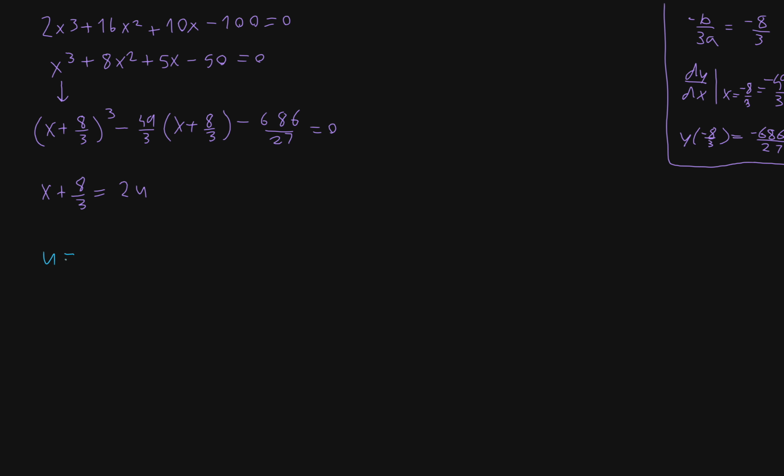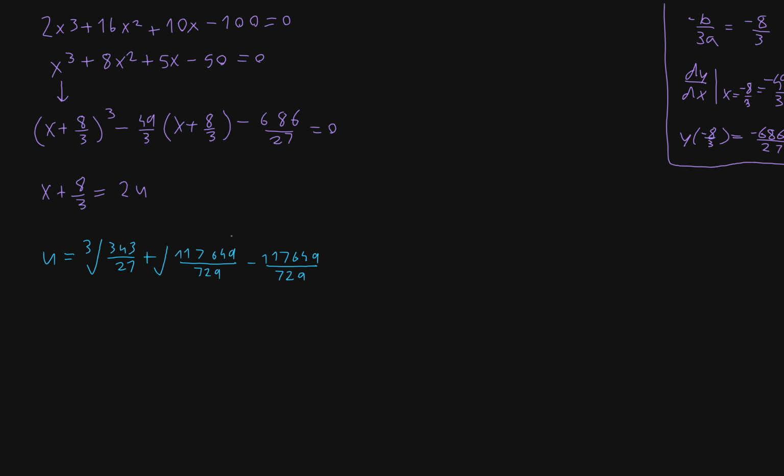So solving for u, it's going to be simplified again. We're going to have the cube root of 343 over 27 plus the square root of 117,649 over 729 minus itself, 117,649 over 729.